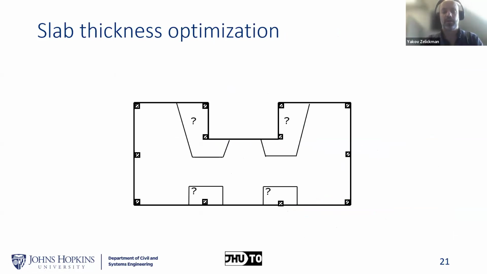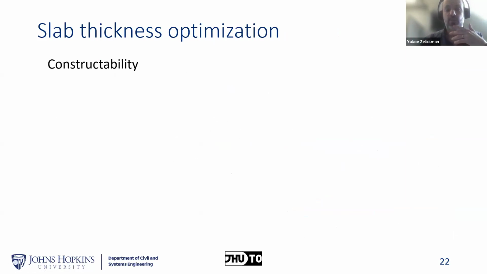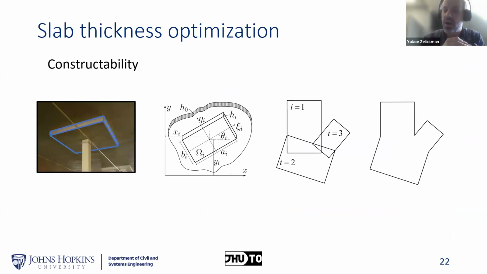Okay. So the second example is, once we have the columns in their place, the next question to ask is, what would be the thickness distribution of the floor? And here the main question is constructability. So how to do it in a way that this can be constructed?